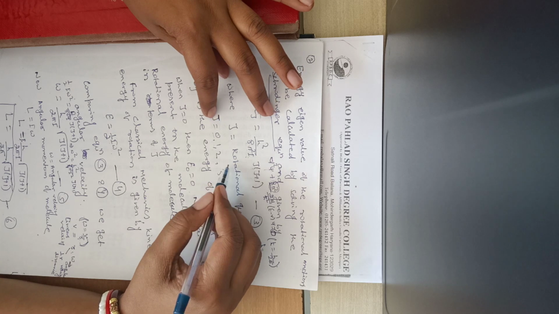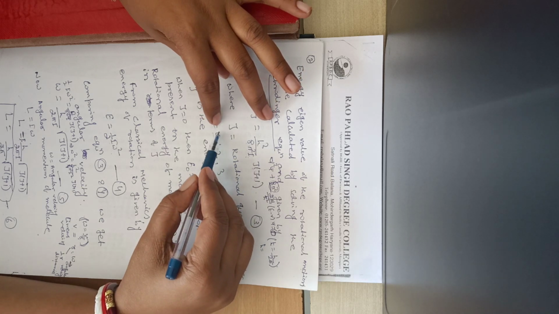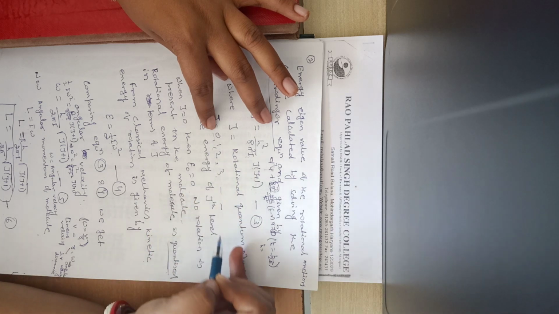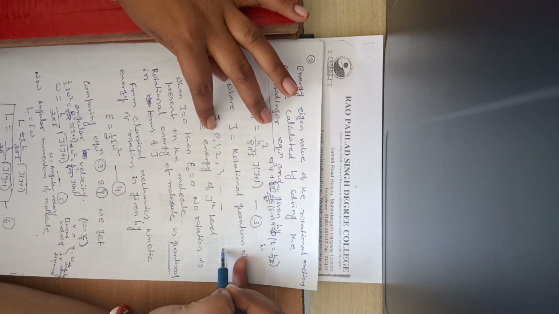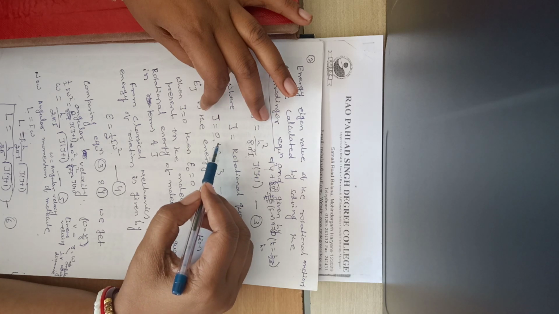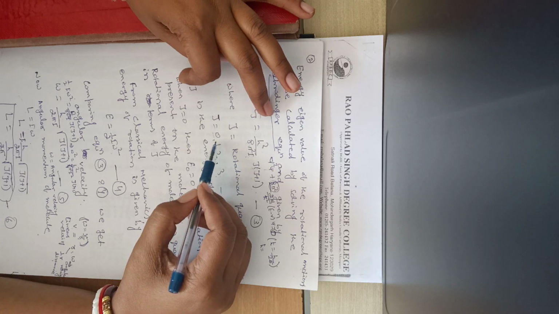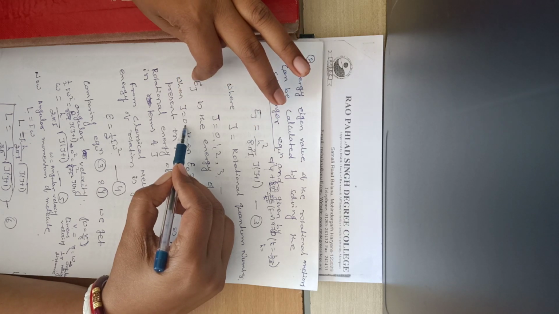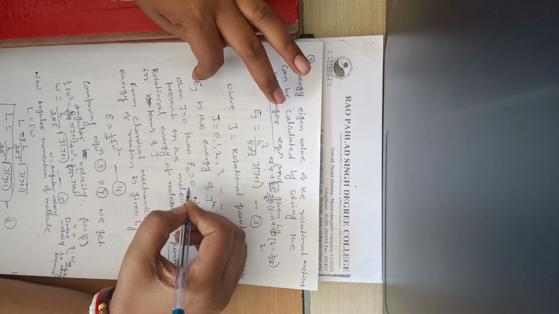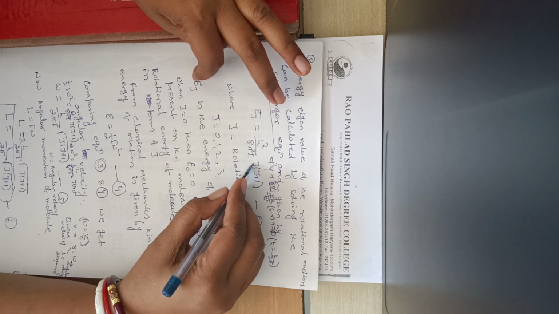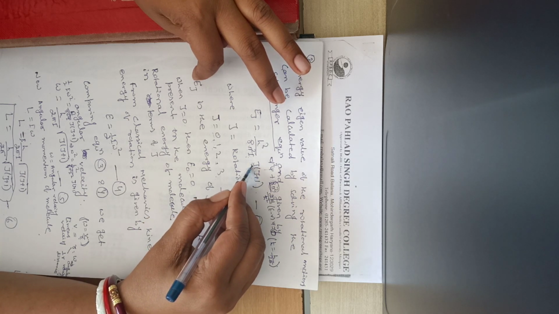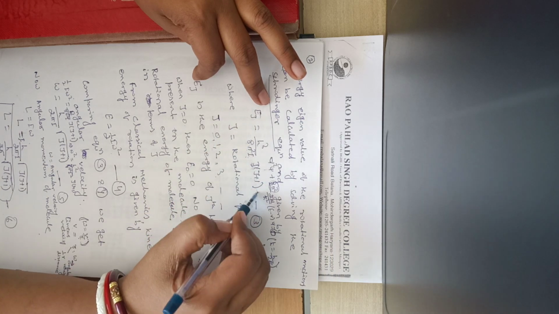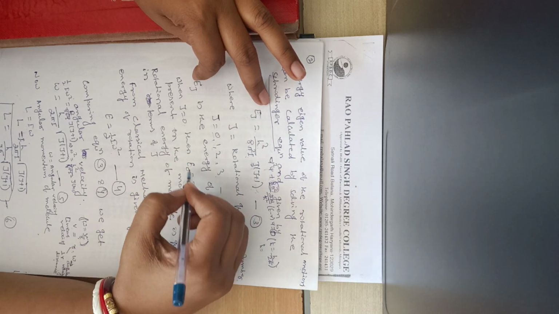The value of j runs from 0, 1, 2, 3 up to infinity. If I take j equal to 0, then Ej will be E0 equal to 0. Putting j equal to 0, the whole quantity becomes 0.